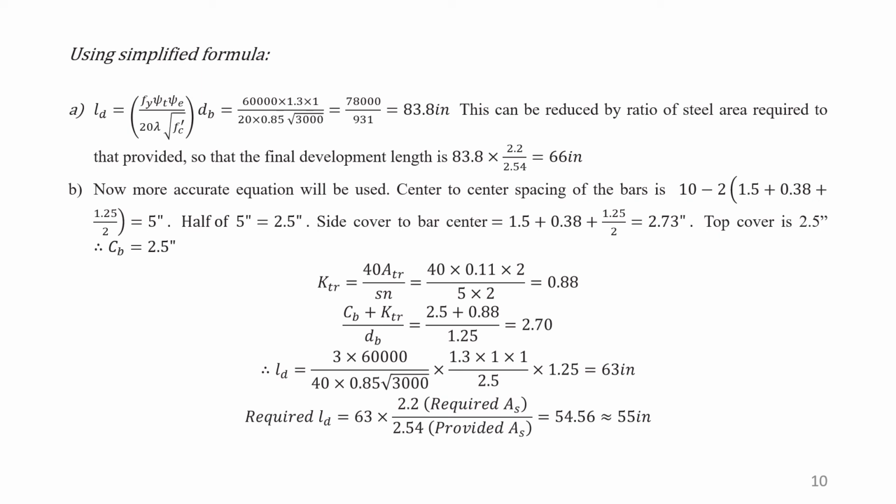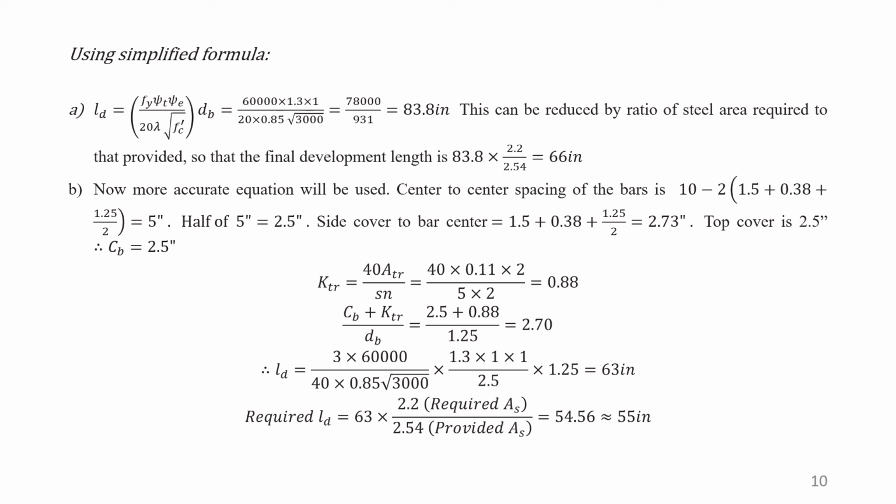Now, with the more accurate formula, first of all we have to find out the center to center spacing of the bars. The width of the beam is 10, and there are two sides of this beam. That's why we have put this 2.